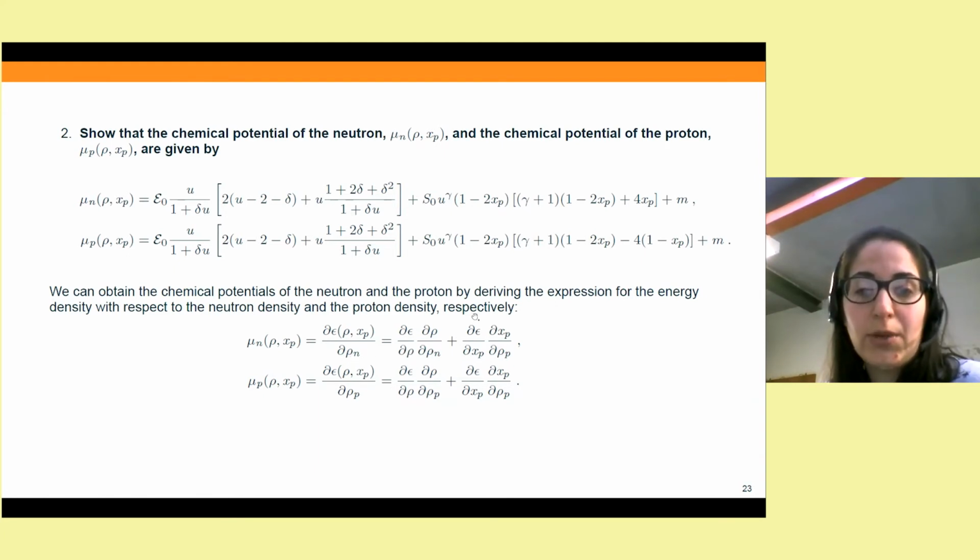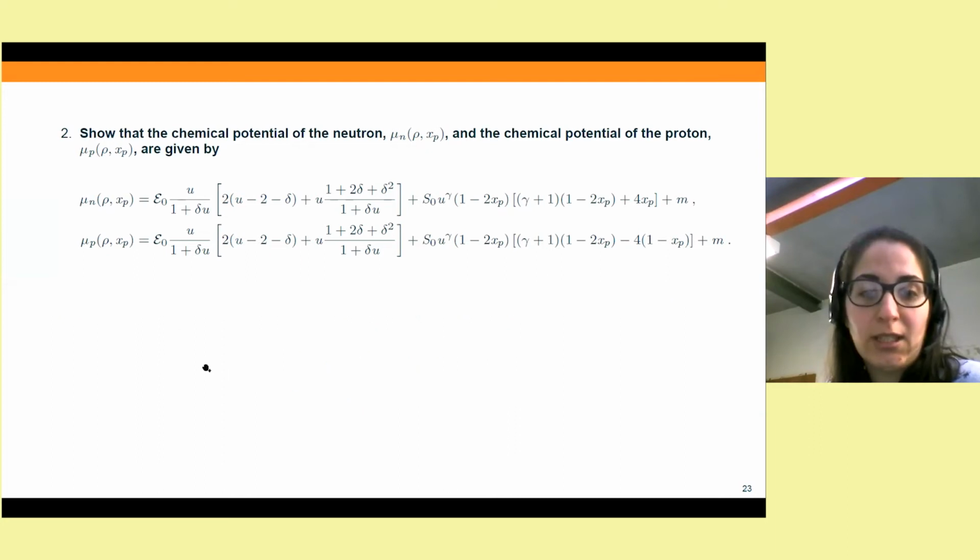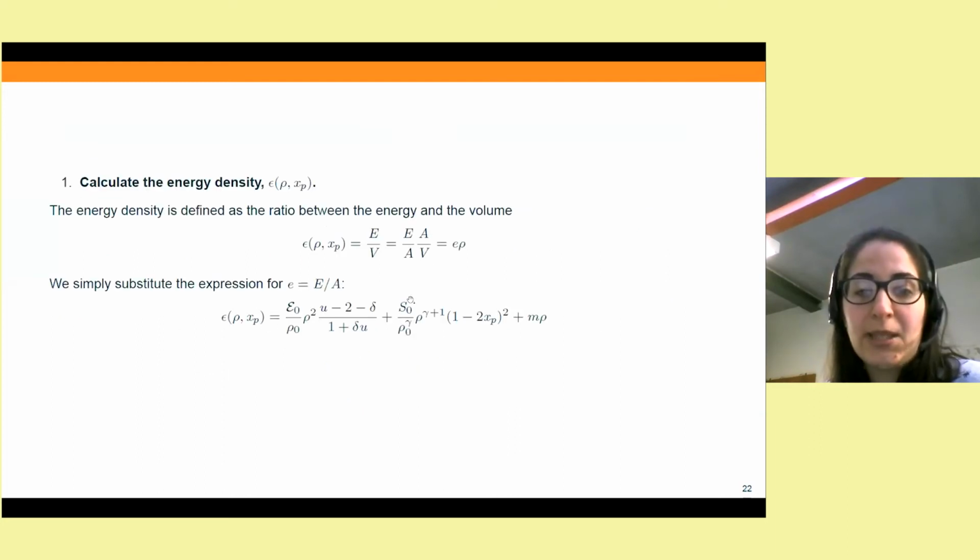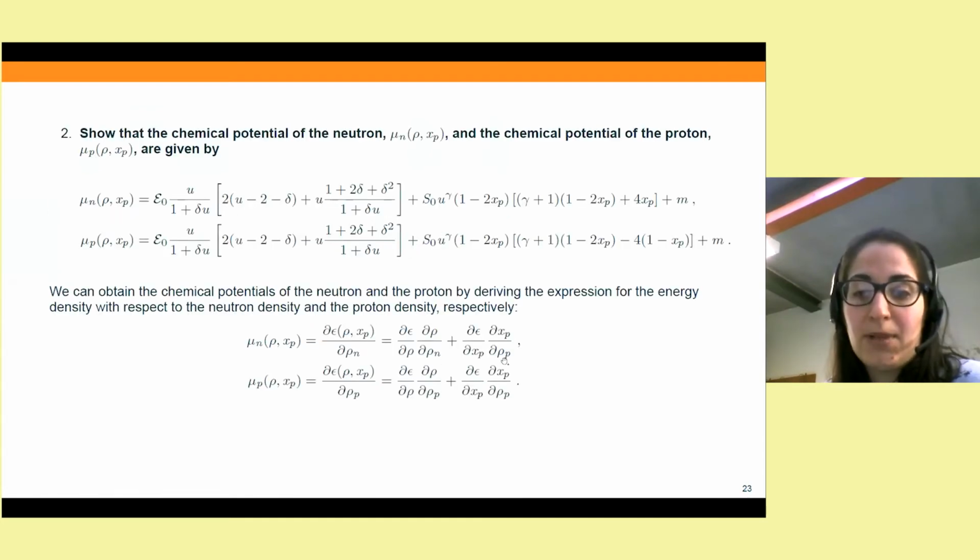So we see that the expression that we derived before doesn't depend directly on the neutron density and the proton density, but on the total baryon density and the proton fraction. So we just apply partial derivatives.